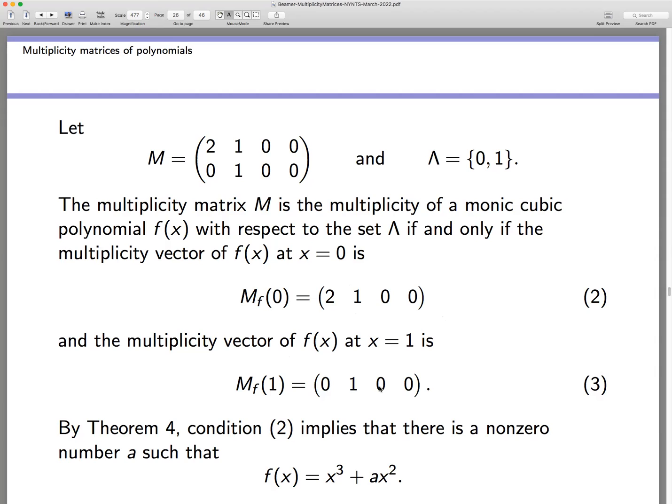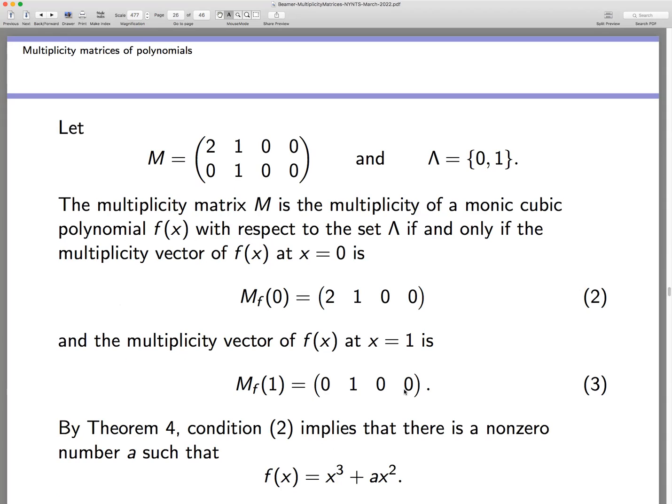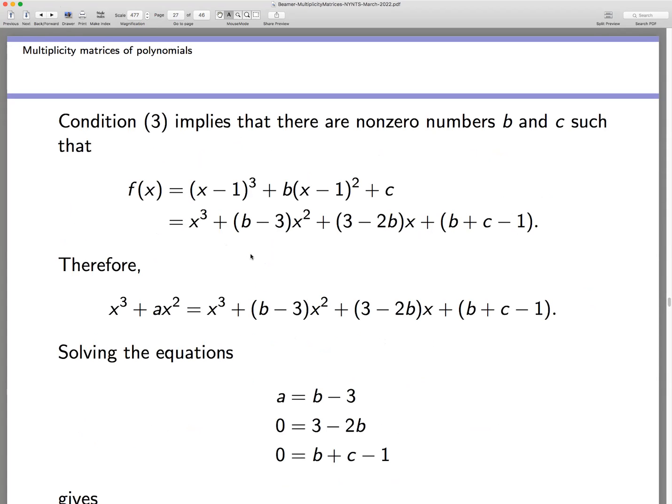Now, this is the multiplicity vector of f of x at x equals 1. So this will tell us something about the coefficients of f when you expand it in powers of x minus 1. What this says is you'll have non-zero coefficients for the cubic, quadratic, and constant terms. So with respect to x minus 1, f of x will look like (x minus 1) cubed plus b times (x minus 1) squared plus c.